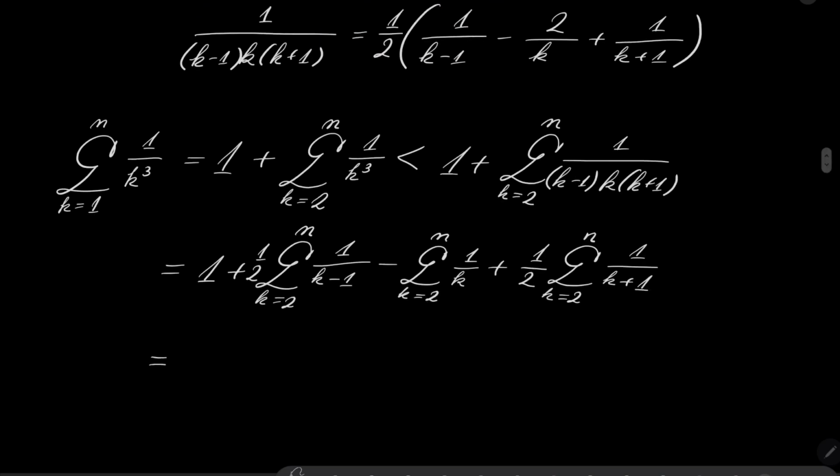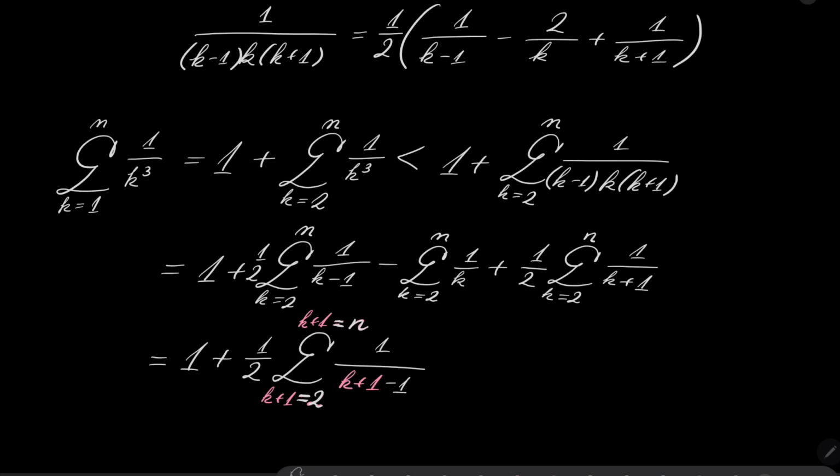All right, and now let's shift our indices of summation to make the same fractions. I will take my first sum, and instead of k, I will put k plus 1. So k plus 1 goes from 2 to n, and here we also have, instead of k, k plus 1. The second sum will stay as it is.